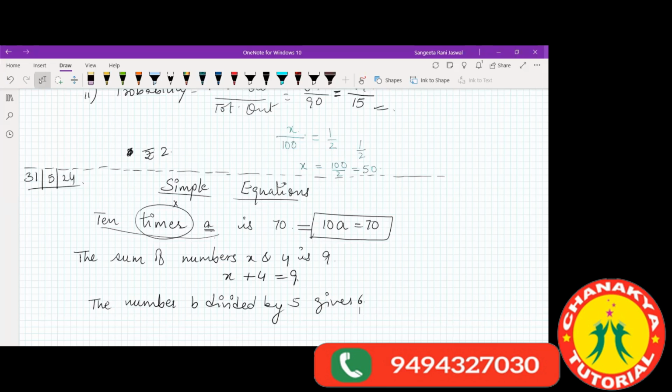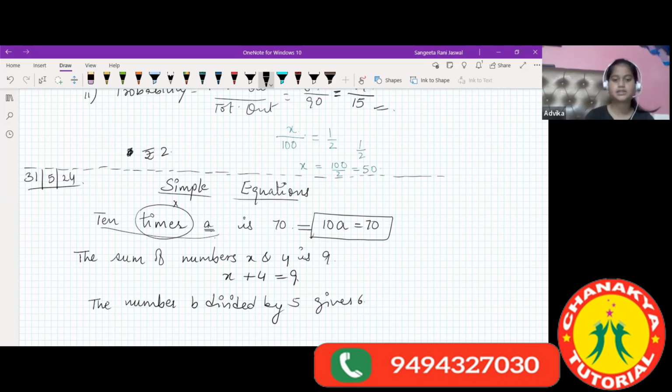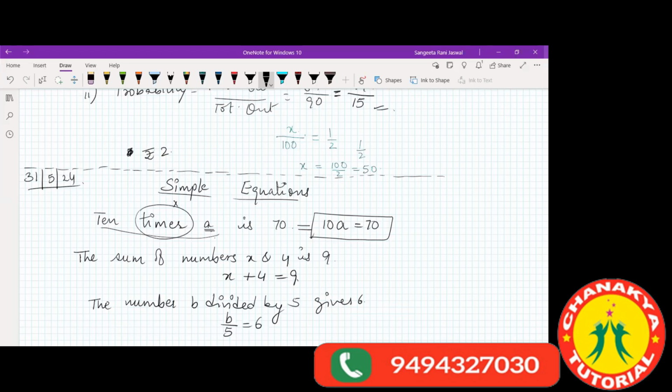Form an algebraic equation for this. Charvik, you can write your answer in the chat box. Advika, tell me how will you write the algebraic expression for this? Ma'am, b divided by 5 is equal to 6. Very good. b divided by 5 is equal to 6.